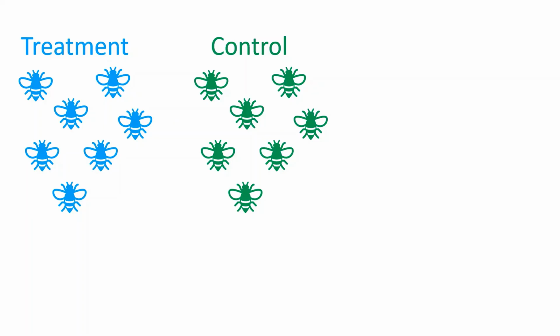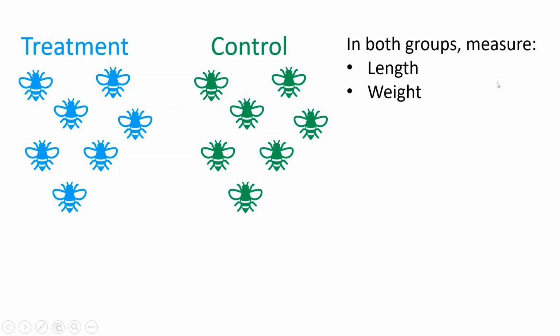And so you'd want to see what that did to the bugs, and so you would measure some various things. You might measure the length and weight of the bugs.